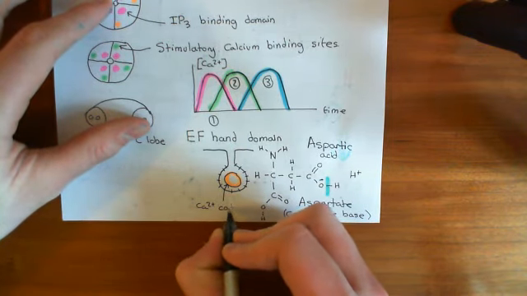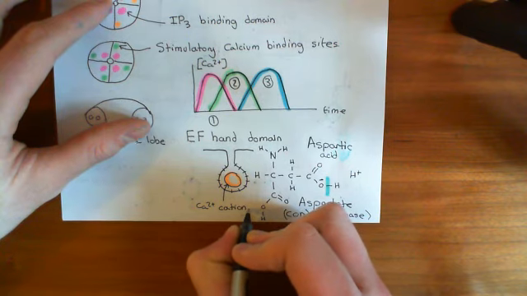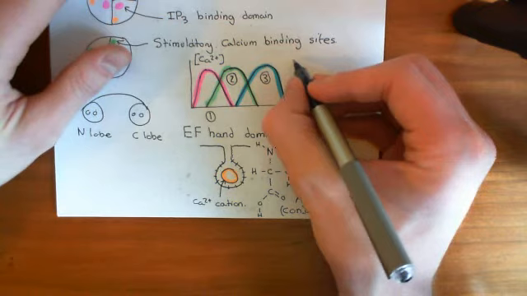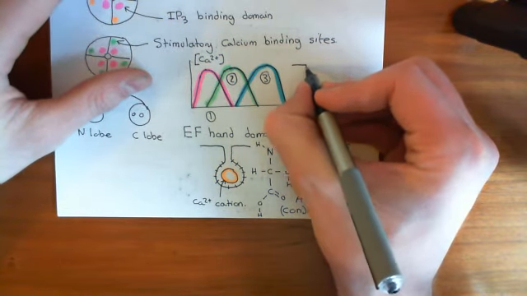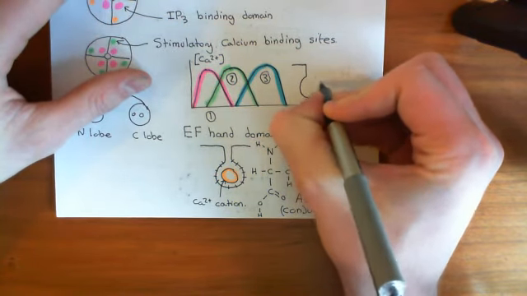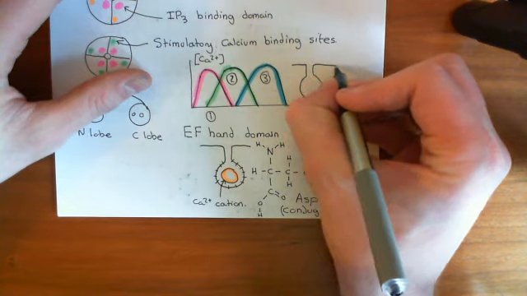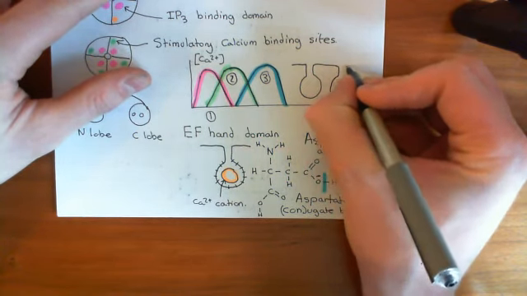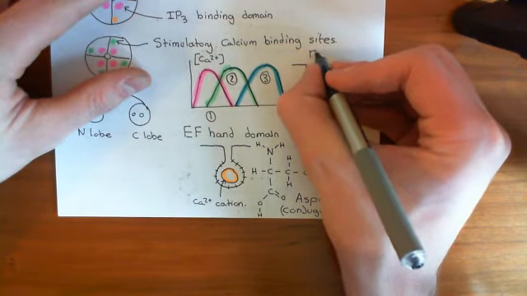Okay. Now, EF domains don't generally occur on their own in proteins. Instead, they generally occur in dimers. So I'll draw one of these here. So you generally have these dimers of EF domains where you have a linker region between them, and then you have another one sitting right next to it, and this is known as an EF dimer.